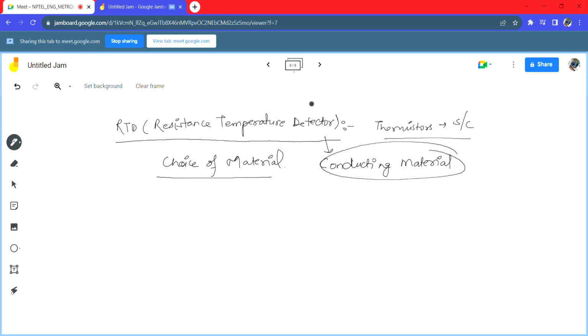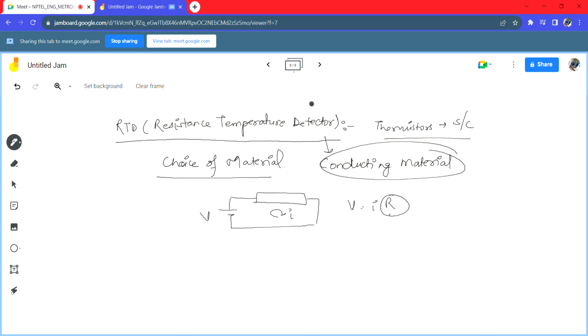So the concept will by and large be the same, that we have a fixed voltage source on which we put our element. There is a current I, there is a voltage V, and V equals IR.